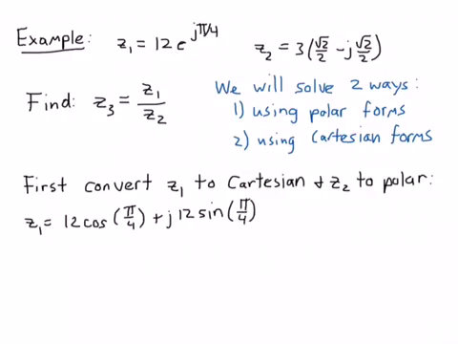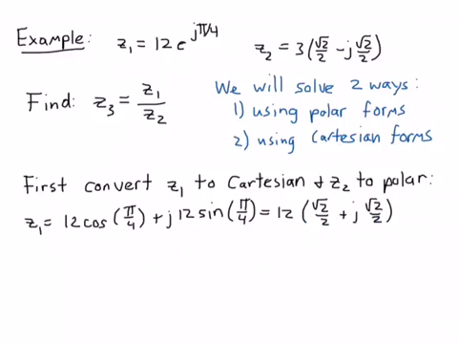And so cosine and sine of pi over 4 are easy to remember, so we can just convert them. This will be 12, we can pull the 12 out of both. Cosine of pi over 4 is square root 2 over 2, and sine of pi over 4 is square root 2 over 2. So we have our converted z1, which is now in Cartesian form.